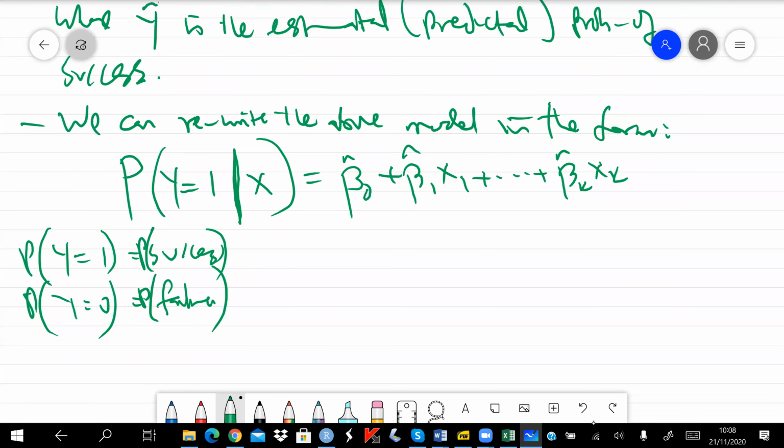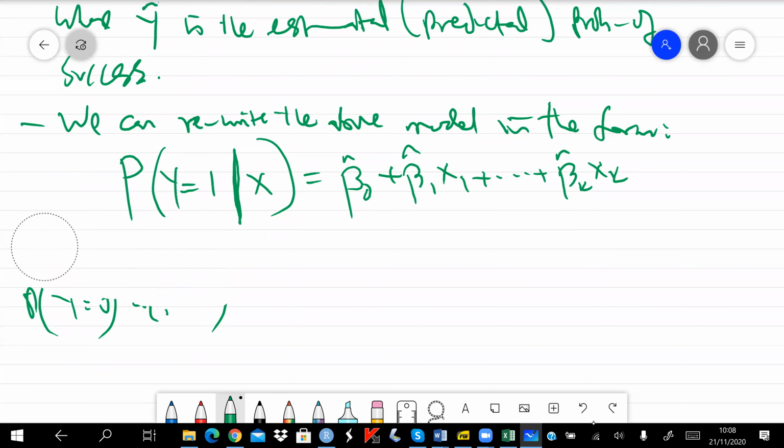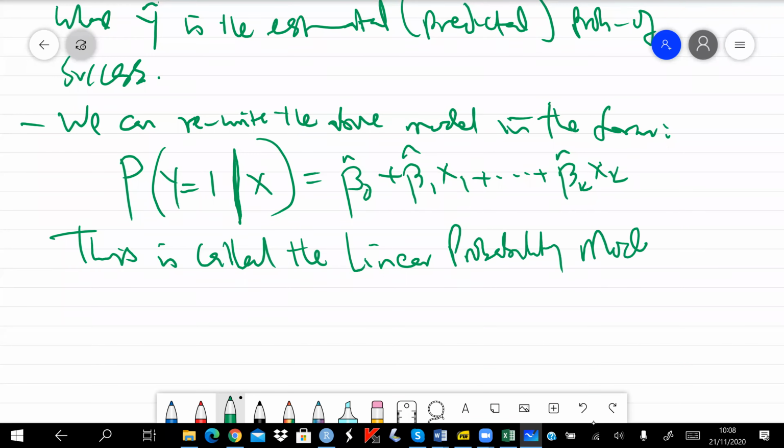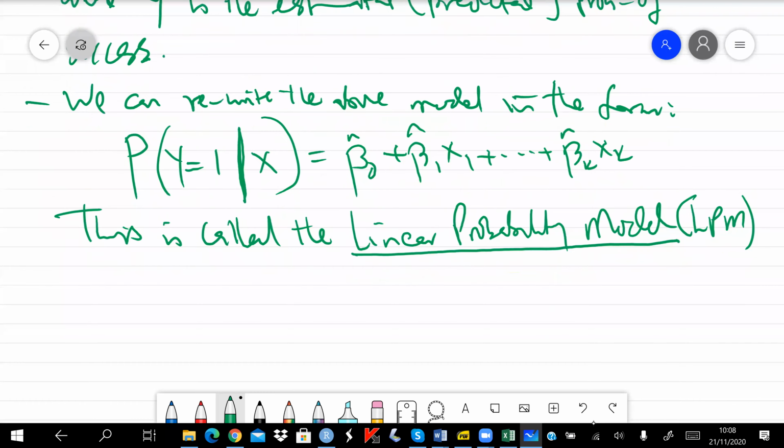Then we say that this model is called the linear probability model, LPM. Then the interpretation of the regression coefficients here is straightforward.